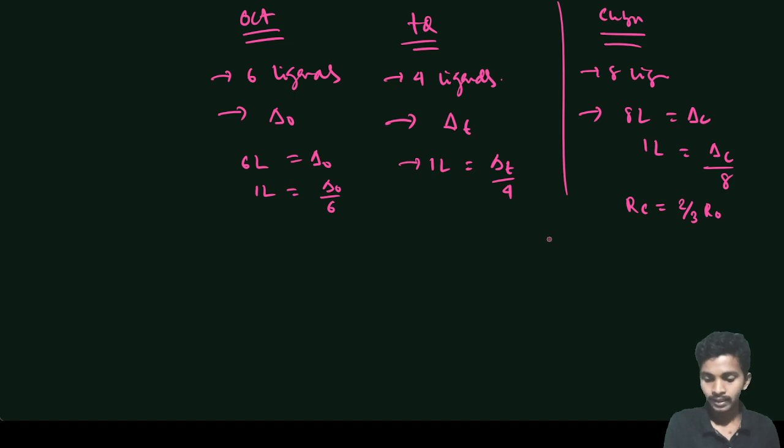Yes, Rc is equal to 2 upon 3 R naught, because R naught is this.